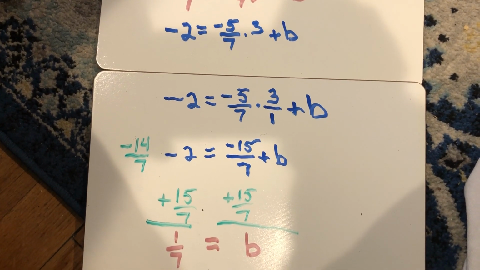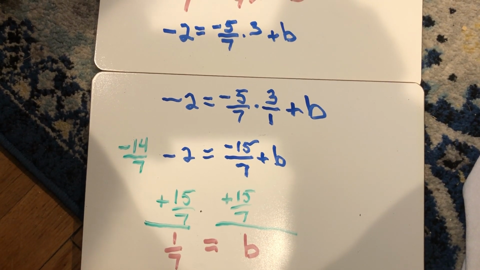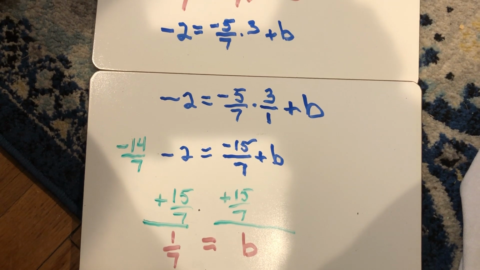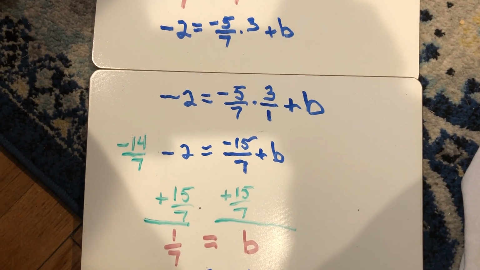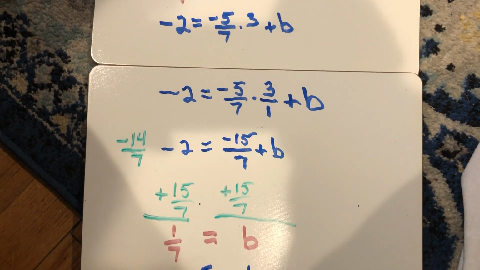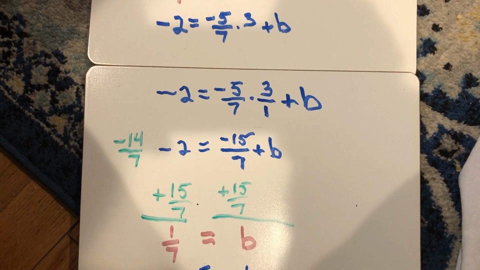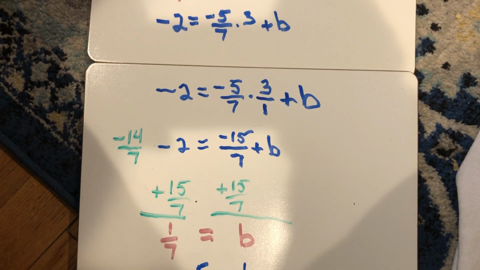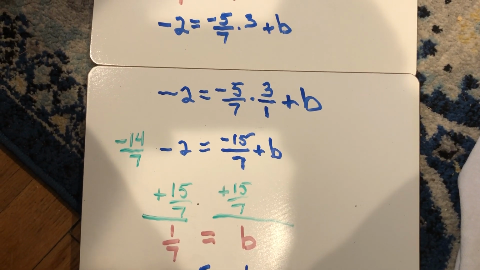And in this case, the number that we want has to have a 7 as the denominator, which means it's going to have 14 as a numerator. Multiply both top and bottom. So we're going to have -14/7 plus 15/7, because we're adding that to both sides. And we're left with b is equal to 1/7.